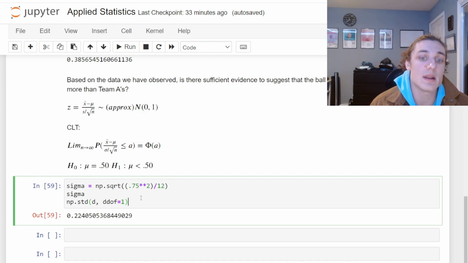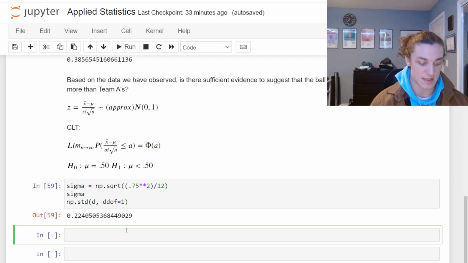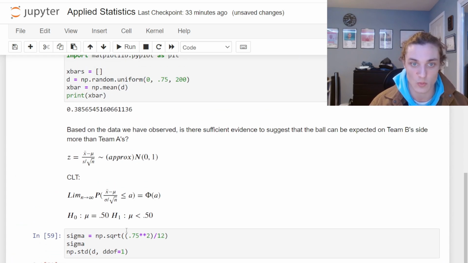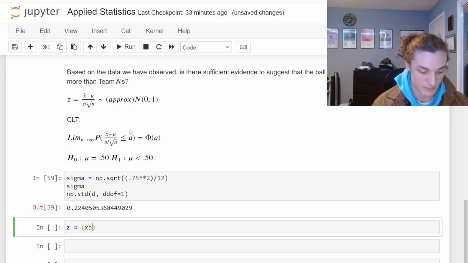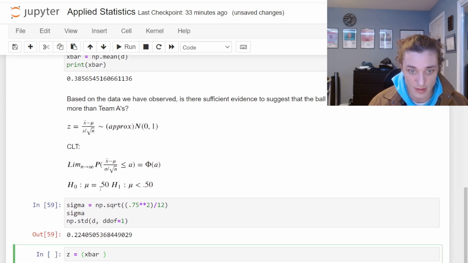Okie dokie. So now what we have is a hypothesis test to conduct, all right? Really, we just have to construct this z-stat. So I'm going to say z is equal to x bar minus mu, okay? And mu under the null hypothesis is 0.5.